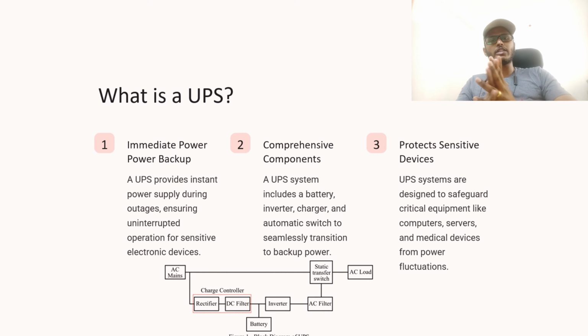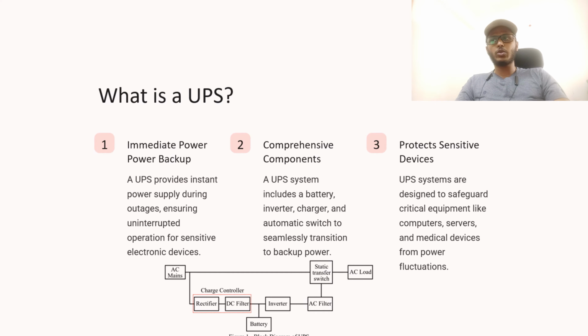If there is a voltage fluctuation on the incoming side, it will not affect the output side. That's the reason the UPS is mainly used for sensitive devices like computers, controllers, servers, and so on. It even gives protection from improper incoming voltage, because it is taking the reference of the charge controller and battery.